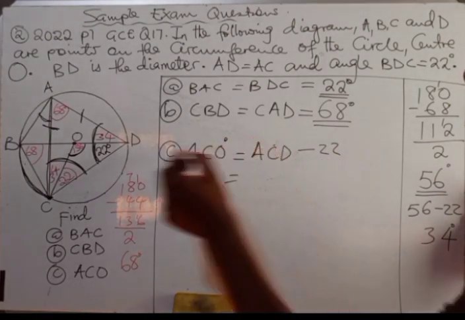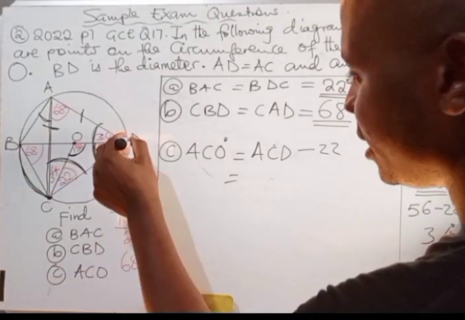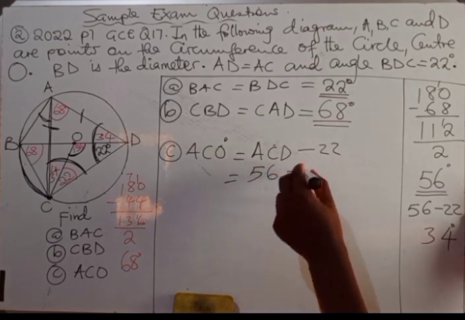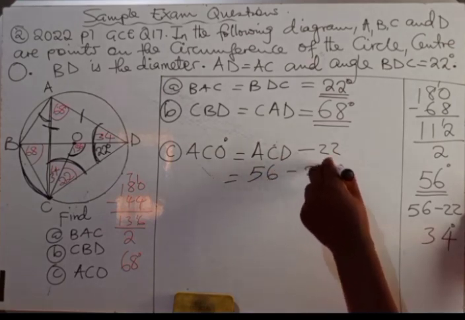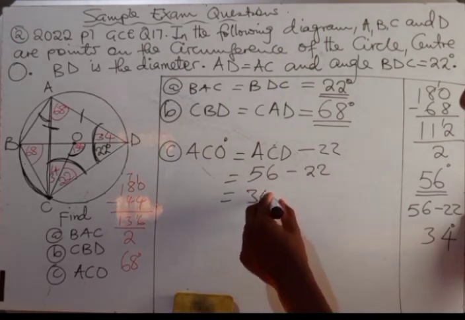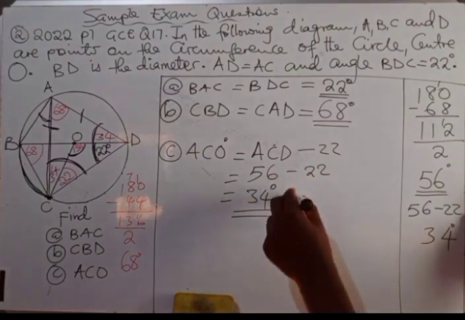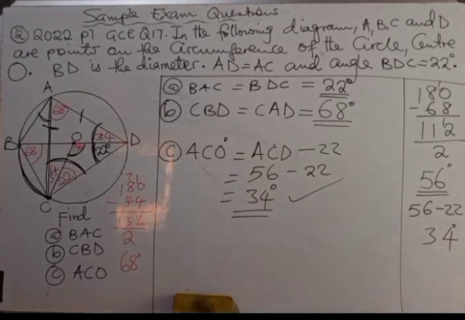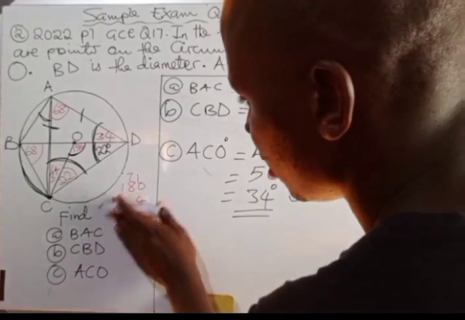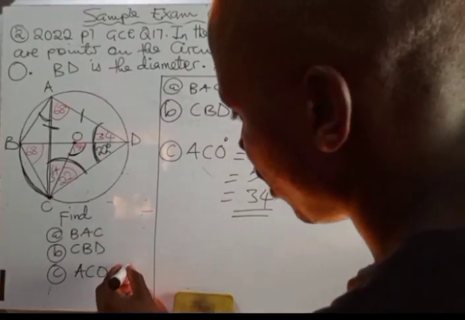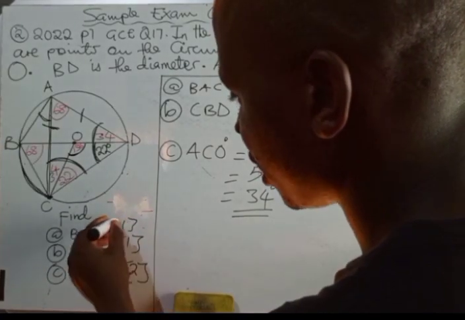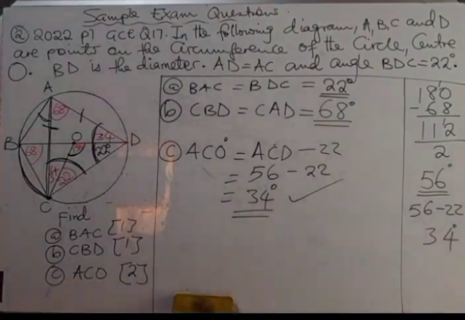What is ACD? The answer we found was 56. So 56 minus 22, our final answer is 34. So 34 is the correct answer for question C. Remember, this one is 2 marks, this one is 1, and that one is also 1.